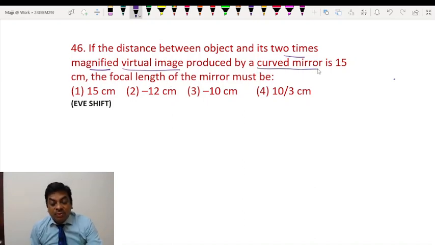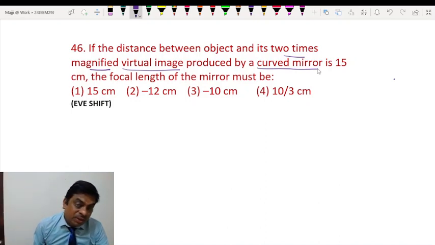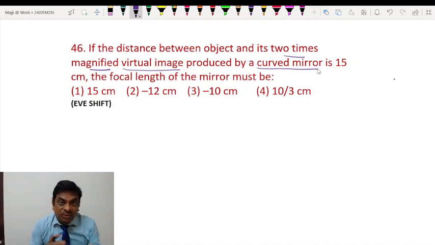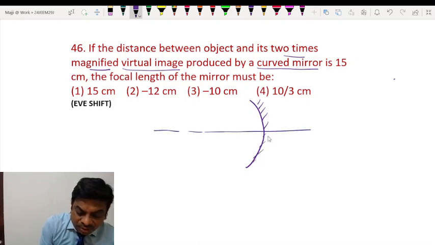So the only mirror which produces a magnified virtual image is a concave mirror, because a convex mirror always produces a diminished virtual image. So this is the scenario. So the mirror is a concave mirror, and we have to find the focal length of the mirror. So let us say this is the object, this is the image.